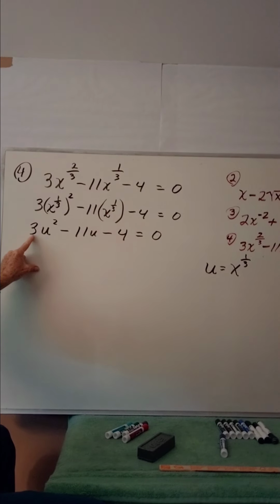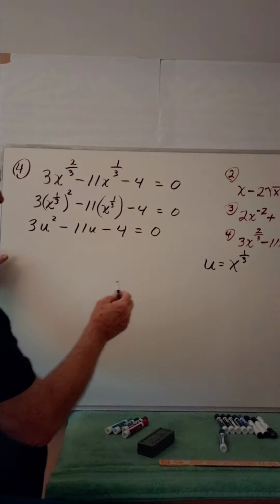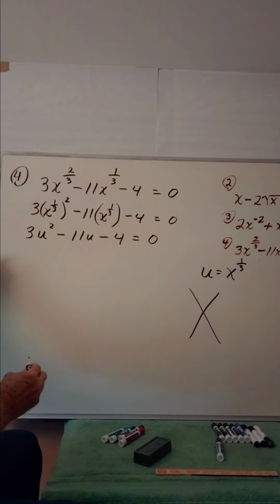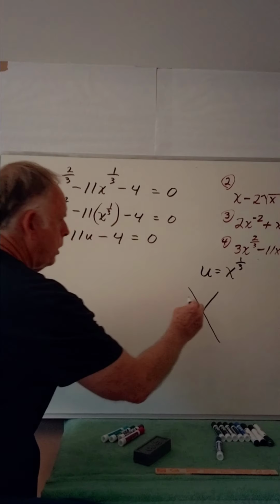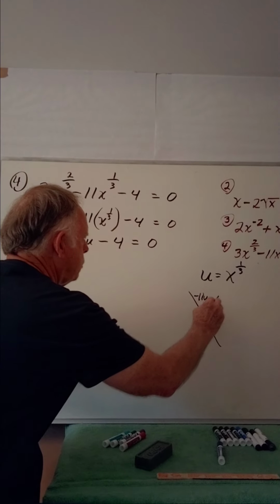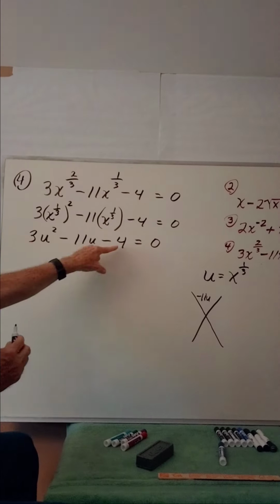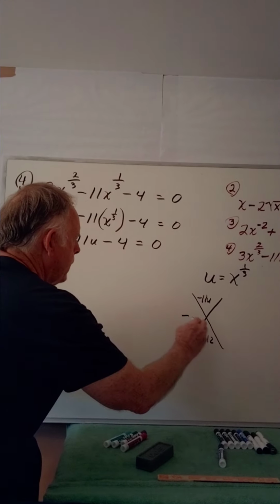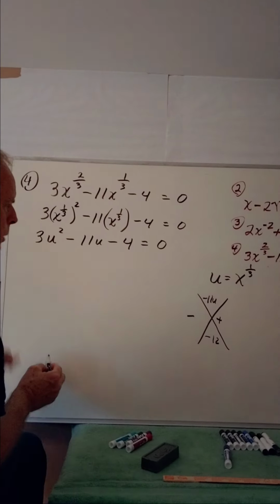The coefficient of u squared is not 1, so we need to use the structure in the AC method. The middle term is negative 11u. A times c would be negative 12. One is negative, the other one is positive.